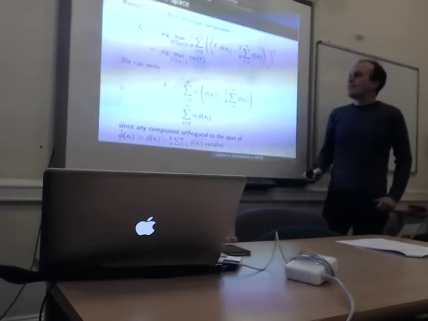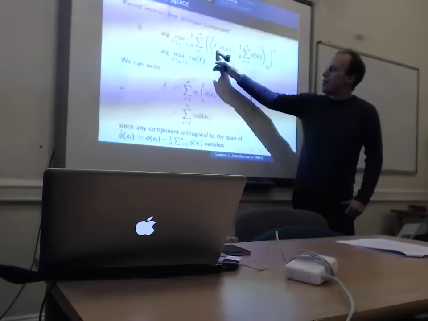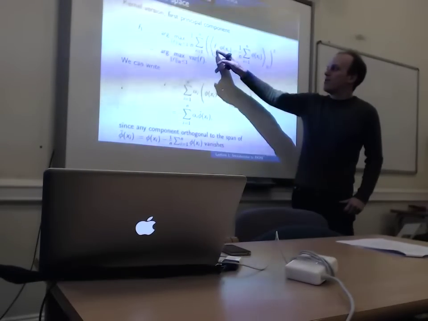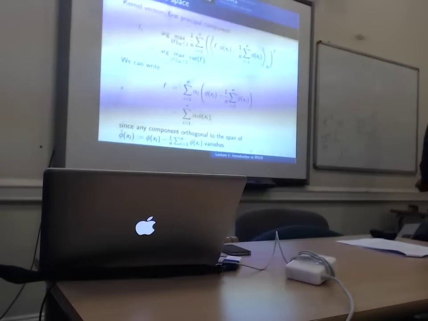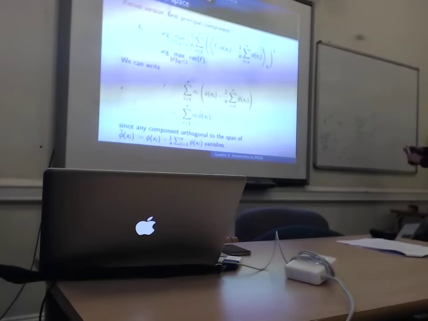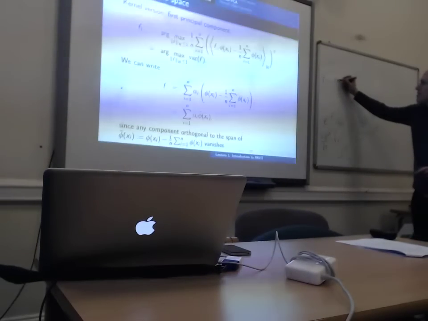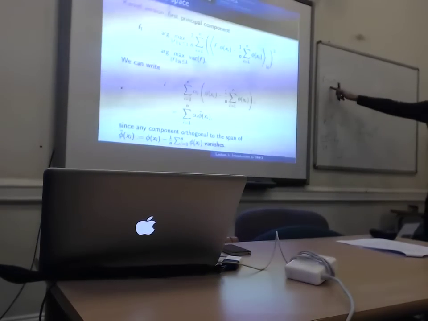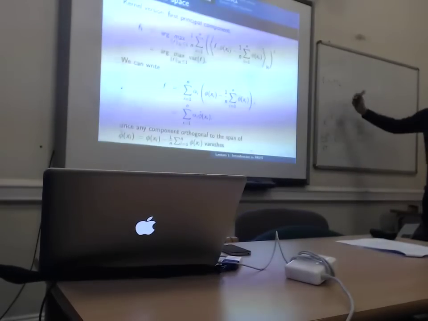So why is that? Let's imagine if it weren't. Let's write f is equal to f parallel plus f perpendicular, where f parallel is in the span of these centered points and f perpendicular is orthogonal to it.